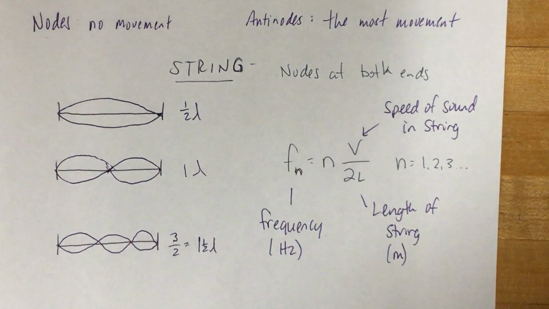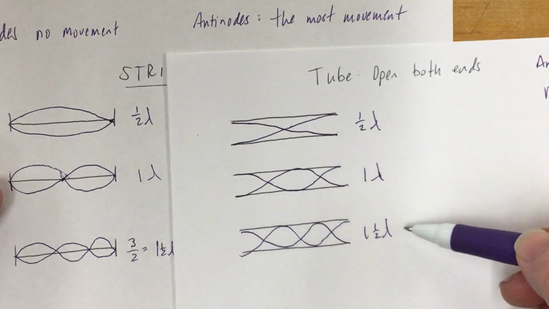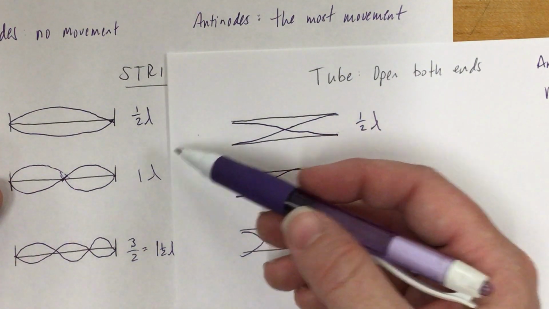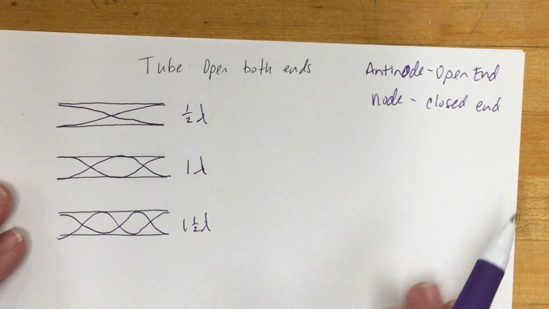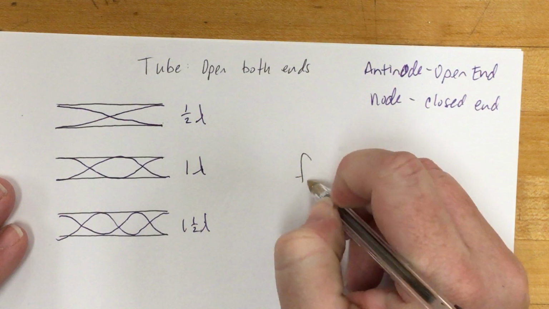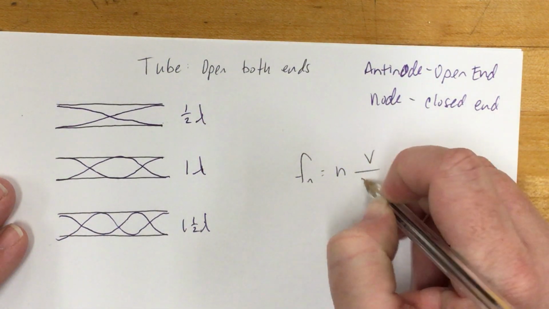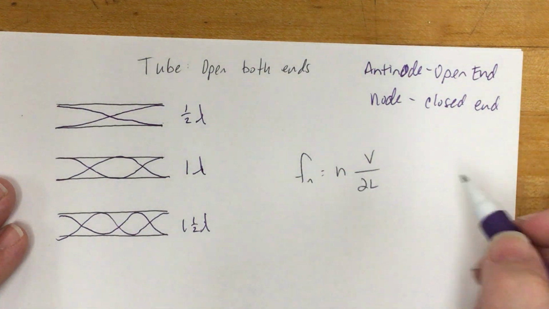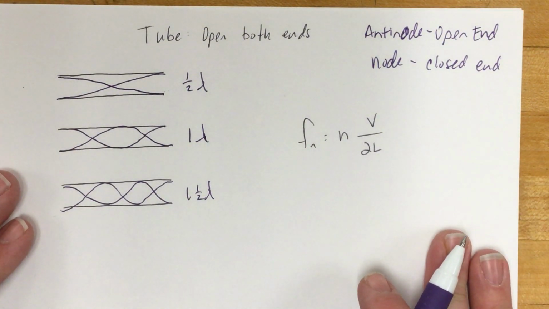Now, earlier we said that when you're dealing with a tube that's open at both ends, it has the same pattern as this string. And so it actually has the same equation with a couple of differences in it. So we can say that f of n equals nv over 2L. In this case, it's the air that's vibrating in the tube that gives us that sound.